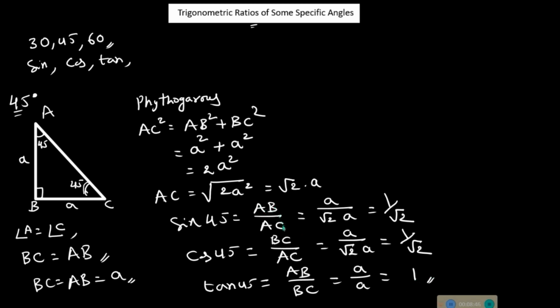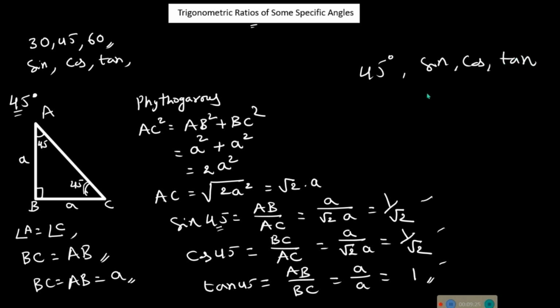Opposite side by hypotenuse is 1 by root 2, adjacent side by hypotenuse is also 1 by root 2, and opposite side by adjacent side is 1, okay? So regardless of the size of this triangle, even if you keep increasing the size of the triangle, these ratios will not change. They only depend on the angle, okay? So now we have proved it for 45 degrees on sine, cos and tan, okay?